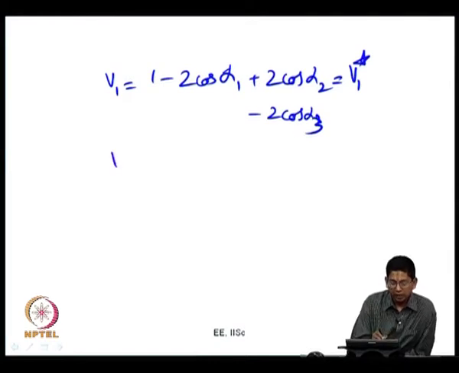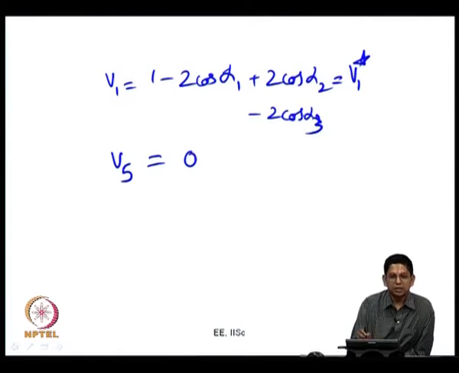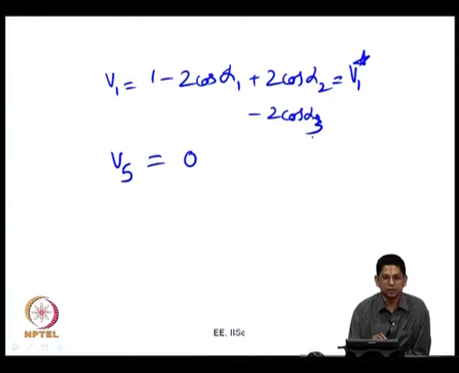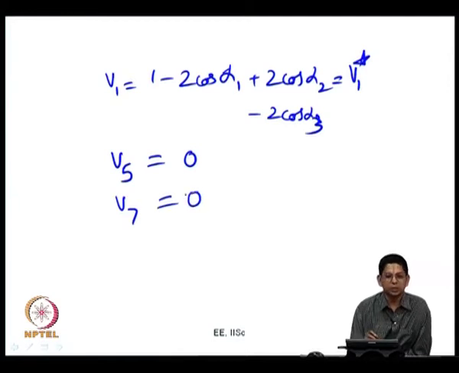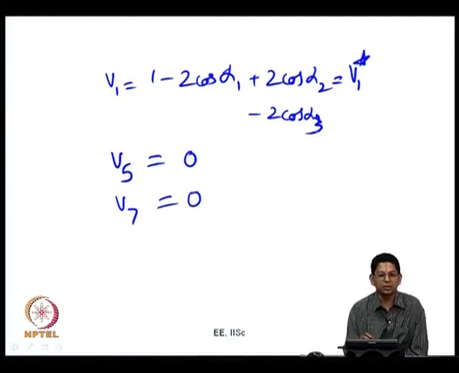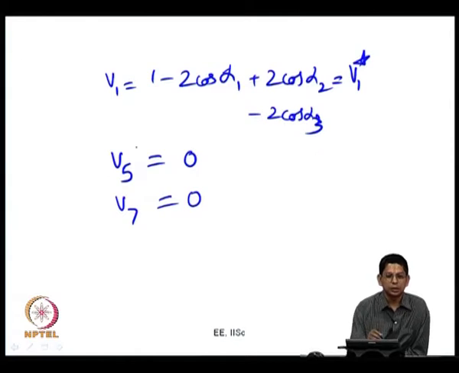I can have V5 equal to 0 as another equation, which is again 1 minus 2 cos 5 alpha 1 plus 2 cos 5 alpha 2 minus 2 cos 5 alpha 3. Again V7 equal to 0 can be a third equation. There are 3 angles alpha 1, alpha 2 and alpha 3, so there are 3 variables, and it is possible for you to solve this.